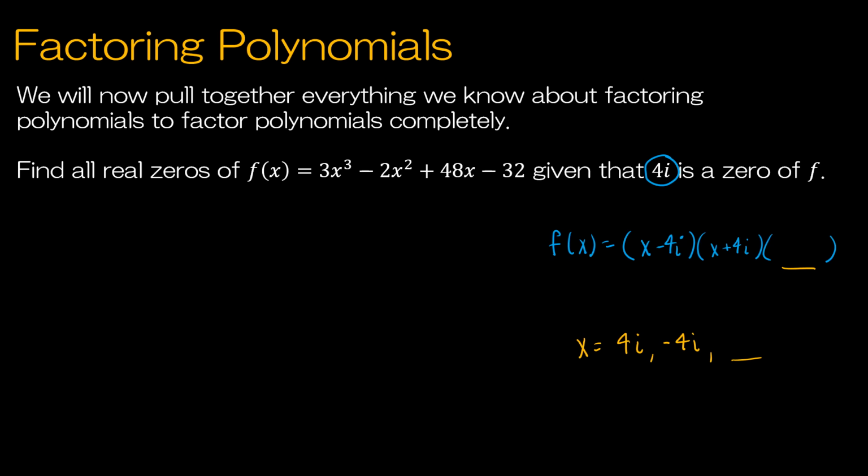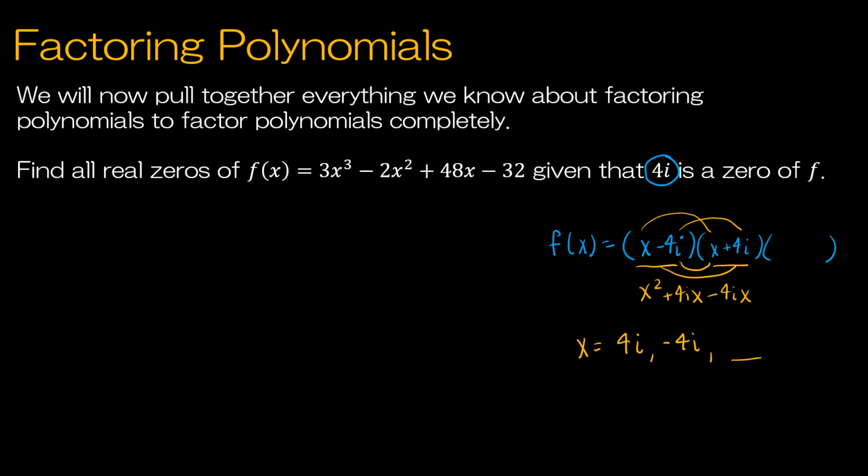Well, in this case, I'm actually going to multiply out the 2 factors that I know of. So if I multiply this out, I'm going to FOIL it. First times first is x squared. Outside is plus 4ix. Inside is minus 4ix, which will always happen with a complex conjugate.